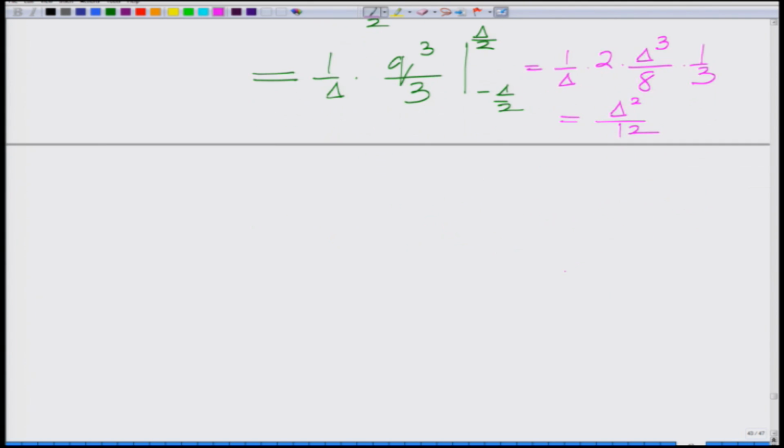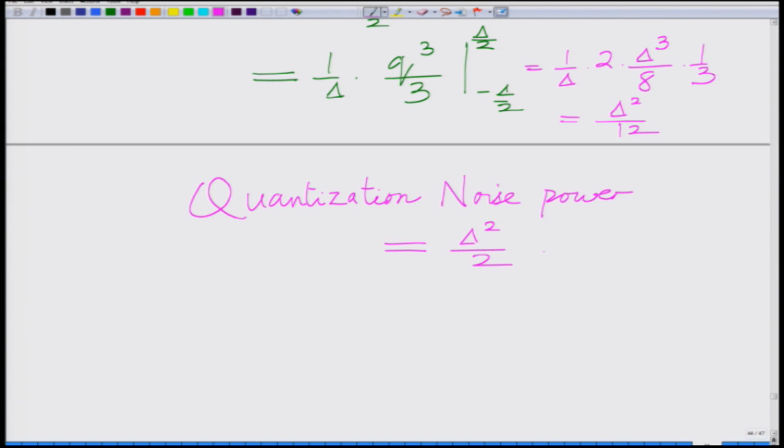So, the quantization noise power with this uniformly distributed quantization noise equals delta square by 12.